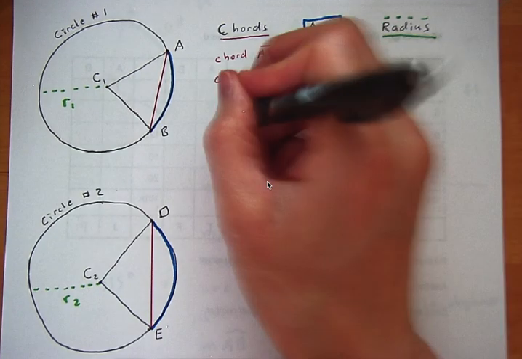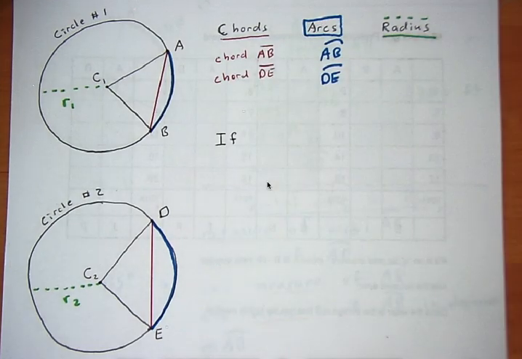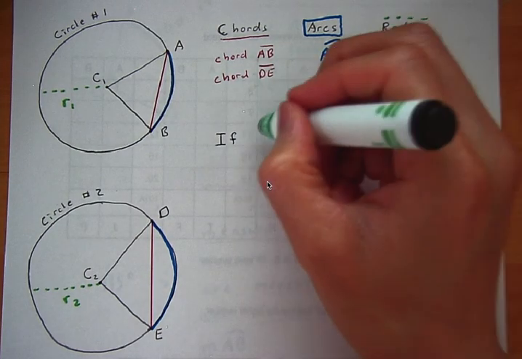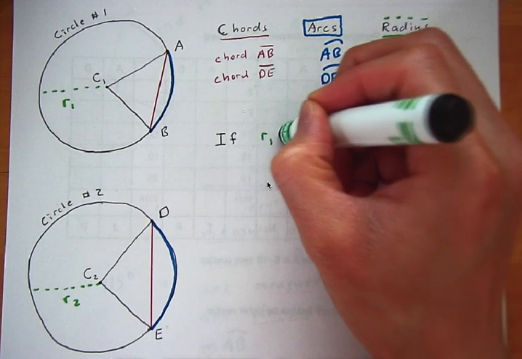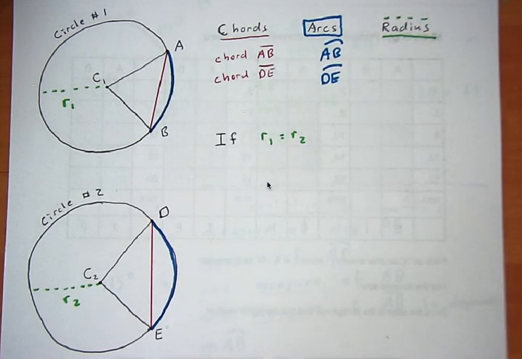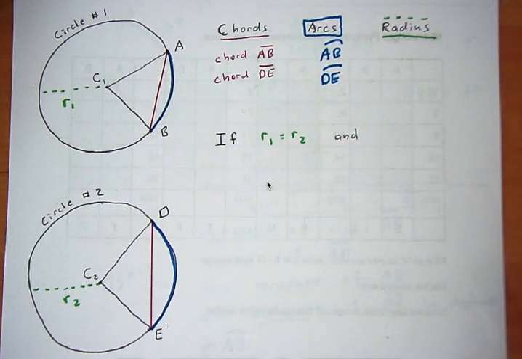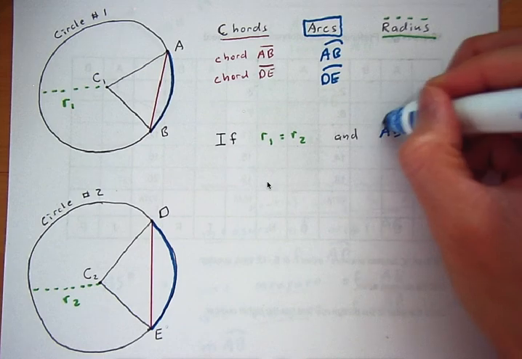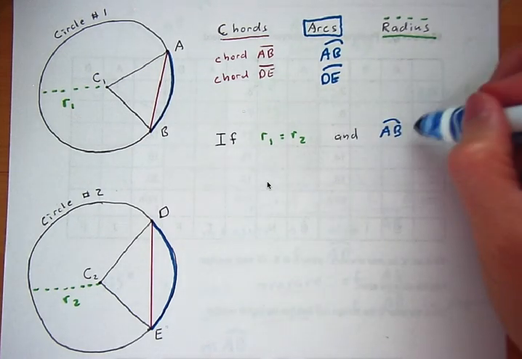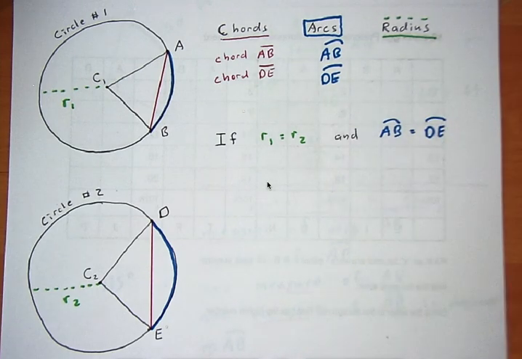Example, if I know that radius 1 is equal to radius 2, and I also know that arc AB is equal to arc DE.